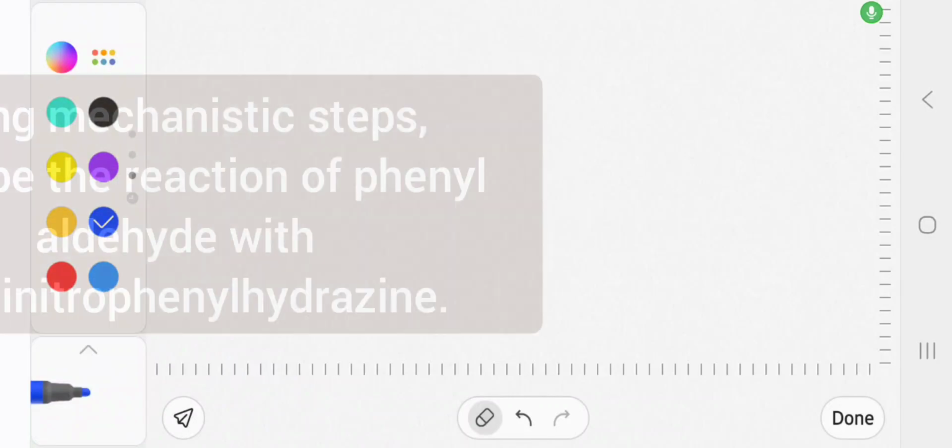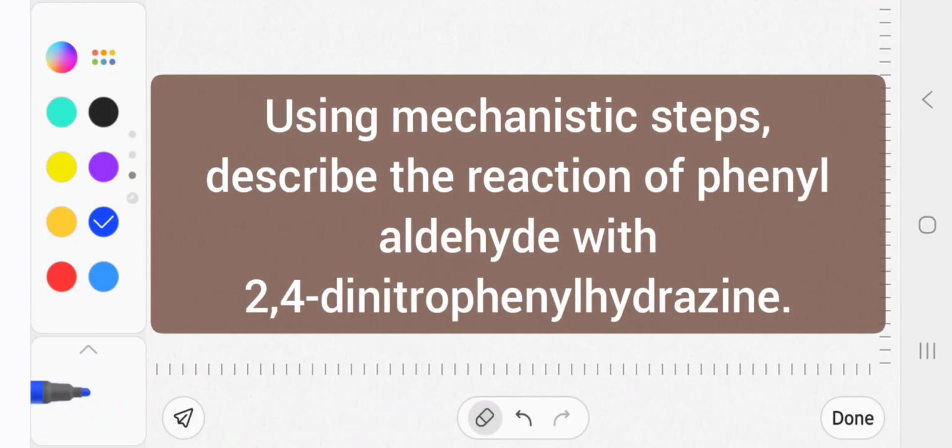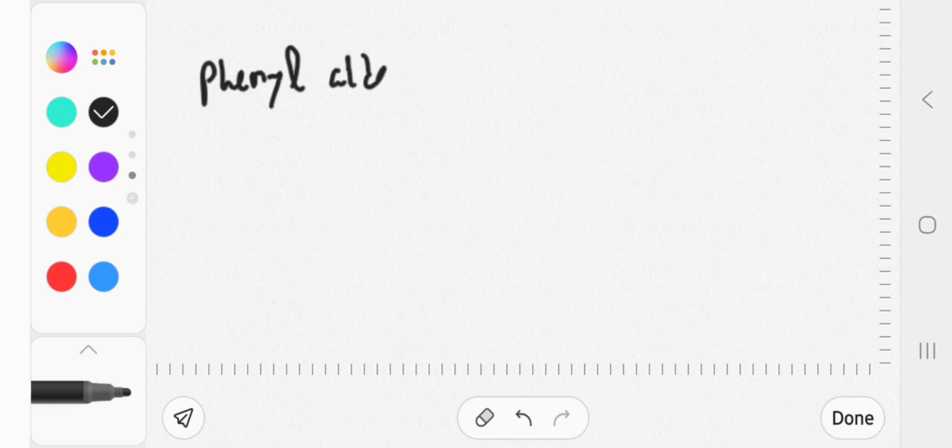Okay, you were asked to, using mechanistic steps, describe the reaction of phenylaldehyde with 2,4-dinitrophenylhydrazine. You need to know that phenylaldehyde is just a collective name for all compounds containing the phenyl.